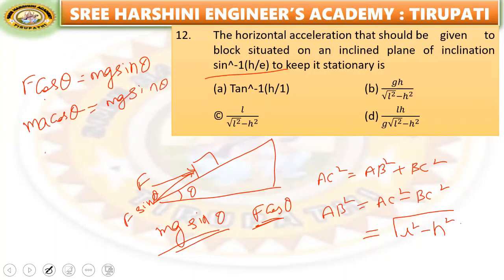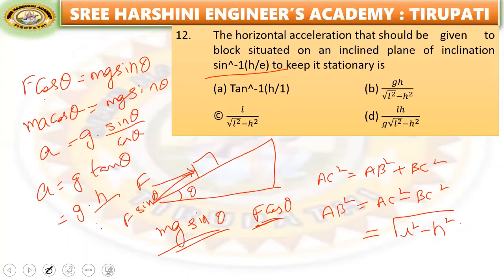So m cancels. A is equal to g into sin theta by cos theta. So A is equal to g tan theta. From the diagram, tan theta is H by root L square minus H square, so A is equal to g into H by root L square minus H square. So option B is the right answer.